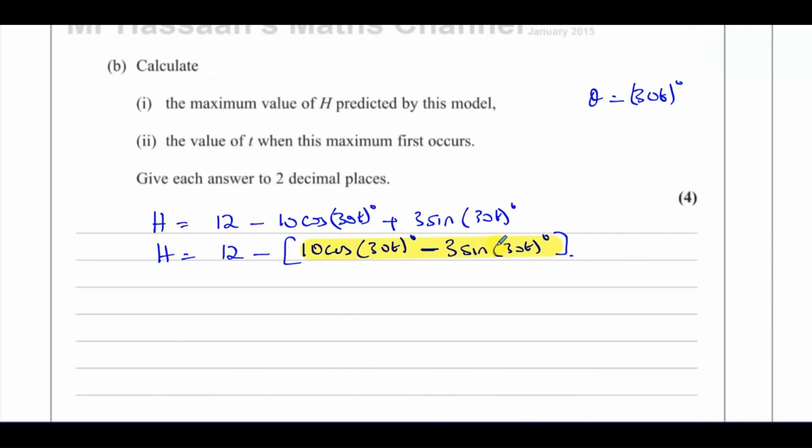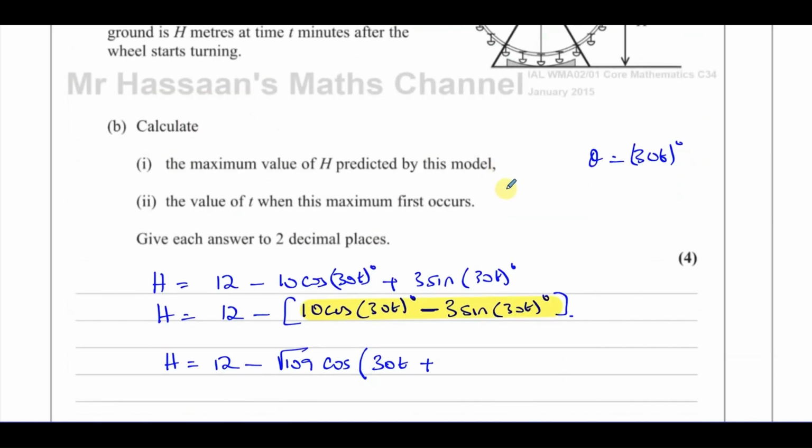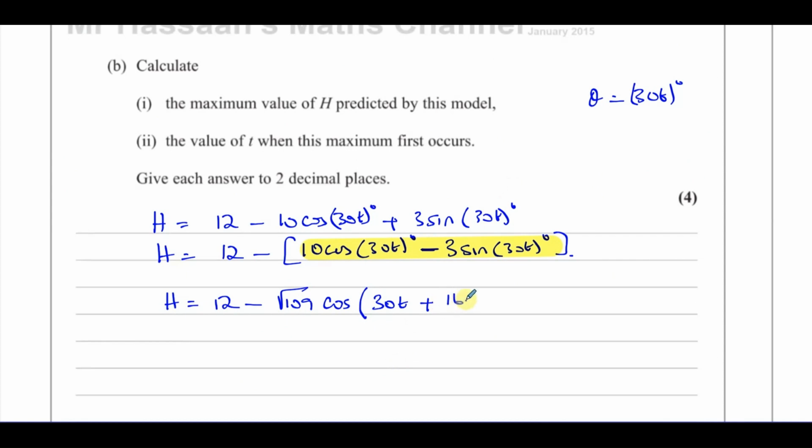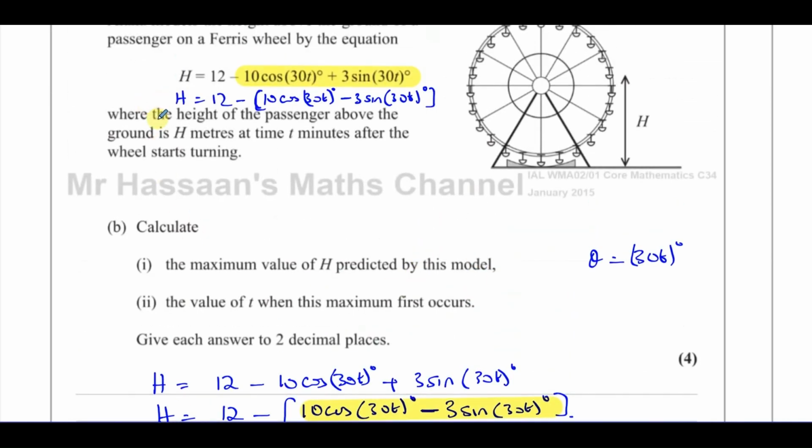So I can rewrite this now as h equals 12 minus the square root of 109 times the cosine of 30t plus 16.70 degrees.